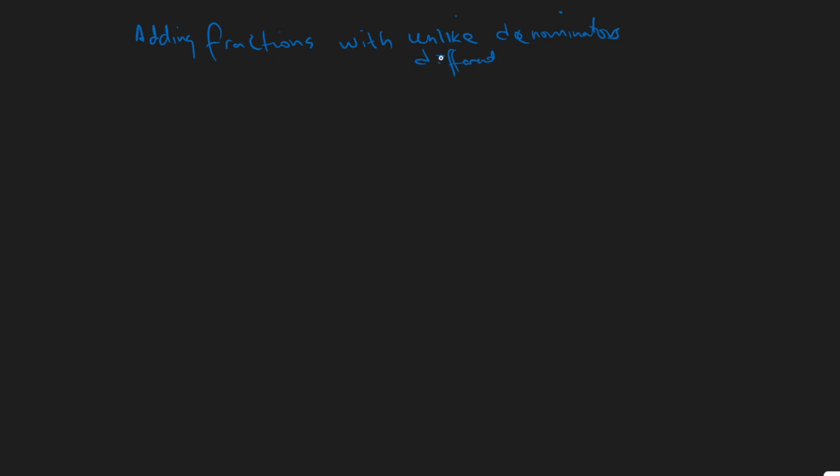So this means the denominators are not the same. So let's do this right now. Let's say if I get 2/5 plus 3/7, you see 5 and 7 are different. We cannot do it the same way we did earlier, but we're going to use a different technique to do that.